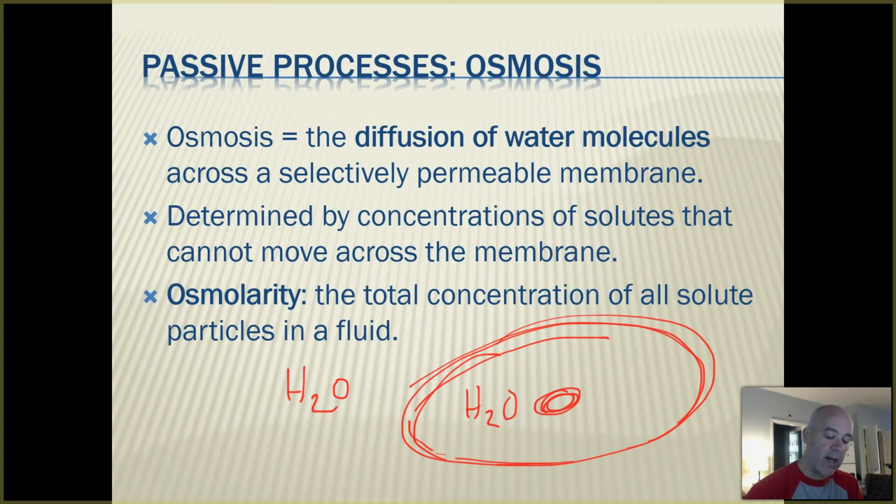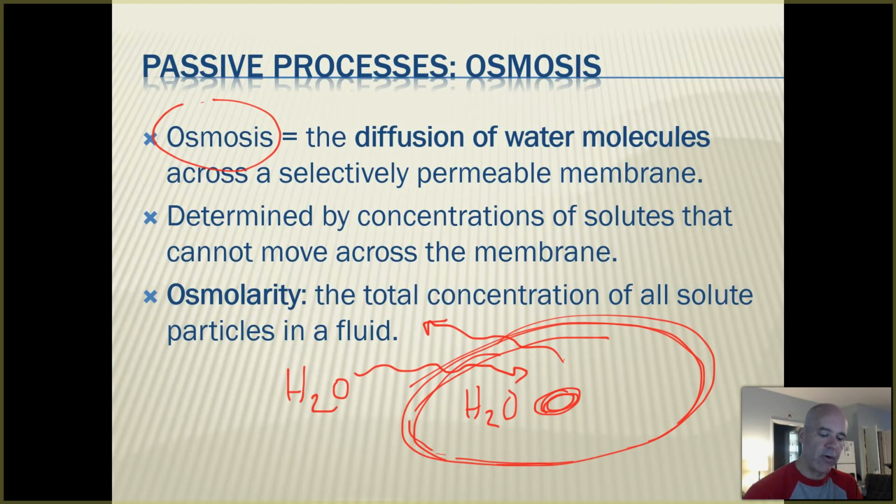And we've already seen how even though those water molecules shouldn't like those fatty acid tails in the plasma membrane, they're small enough that they can wiggle their way across from one side to the other. And so they are able to diffuse in either direction, and that diffusion is called osmosis.